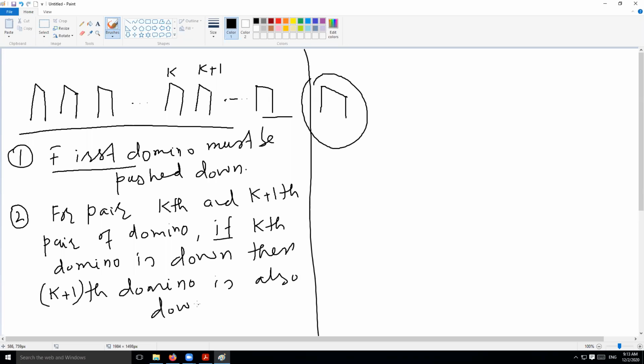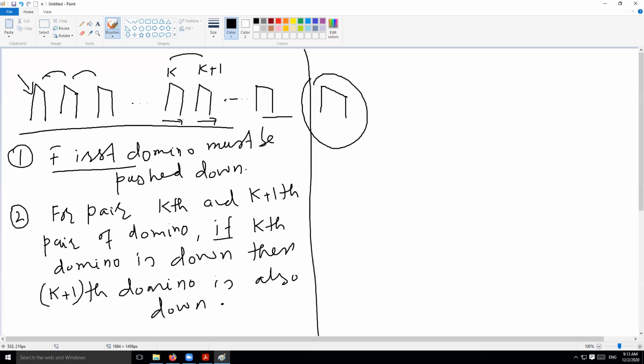Okay, so if I prove two facts, the first fact is that the first domino is down, and then I prove no matter what pair of dominoes you take, first, second, or second, third, or kth, k plus one, if the kth domino is down, this is going to push the k plus one domino to go down as well.